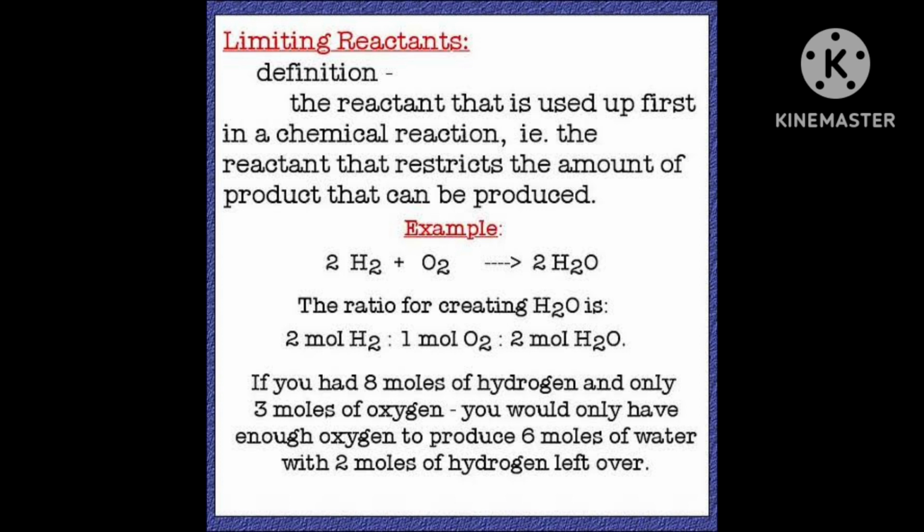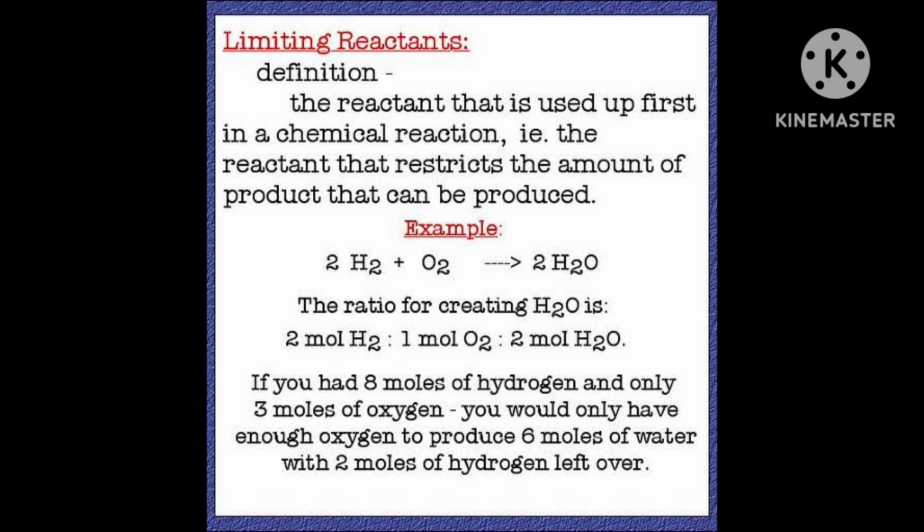The reactant which is present in a smaller amount and reacts completely and hence decides the amount of the products formed is called the limiting reactant. Again you remember, the reactant which is present in a smaller amount and reacts completely and hence decides the amount of the products formed is called the limiting reactant.